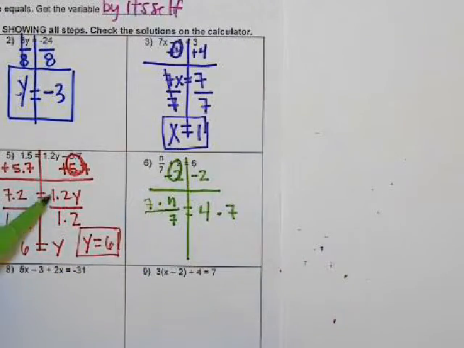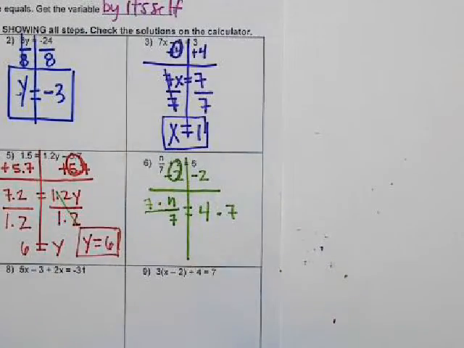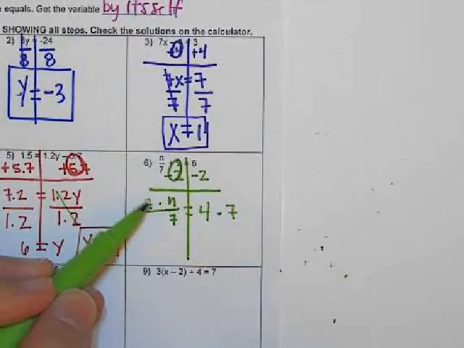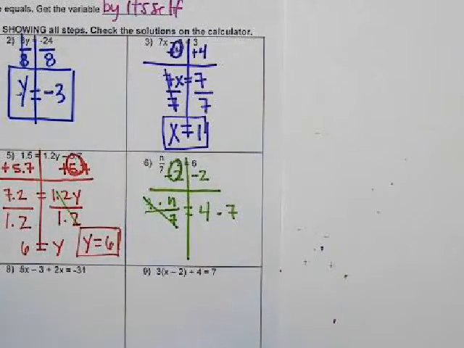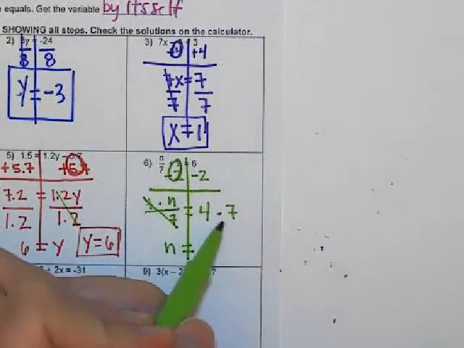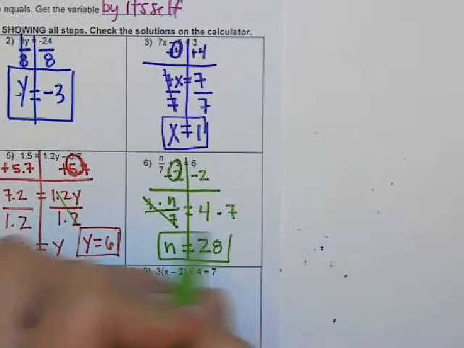See how 1.2 and 1.2, same thing on top and bottom, we cancel them, right? Well, I've got 7 on top and 7 on bottom. What happens to those 7s? They cancel. Now I'm left with n equals 4 times 7, which is 28.